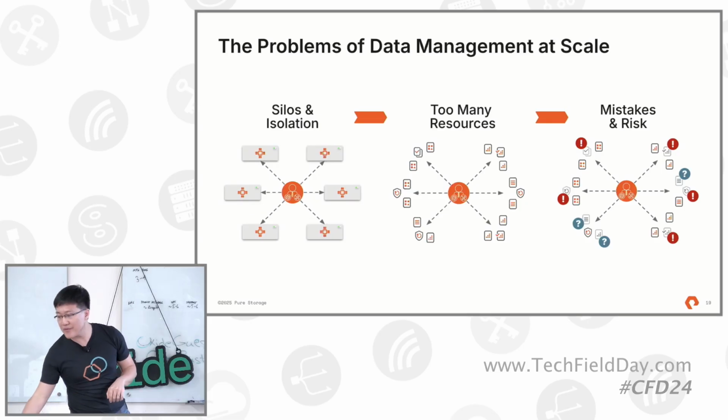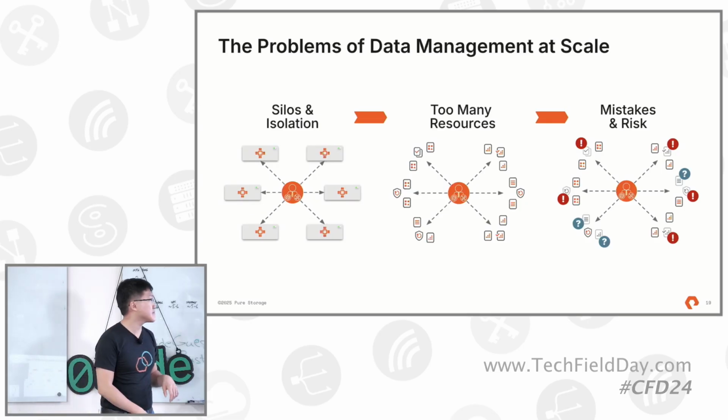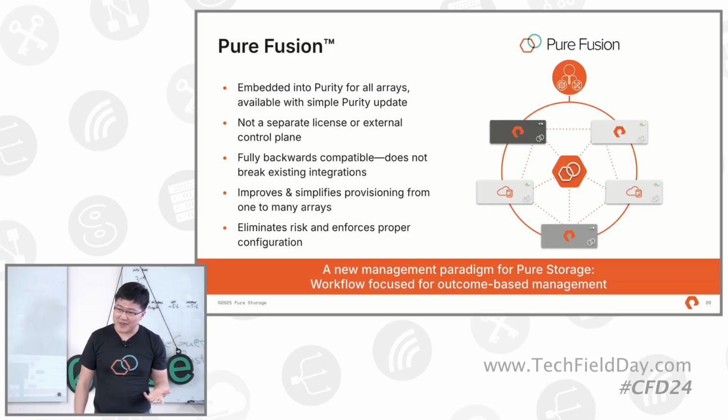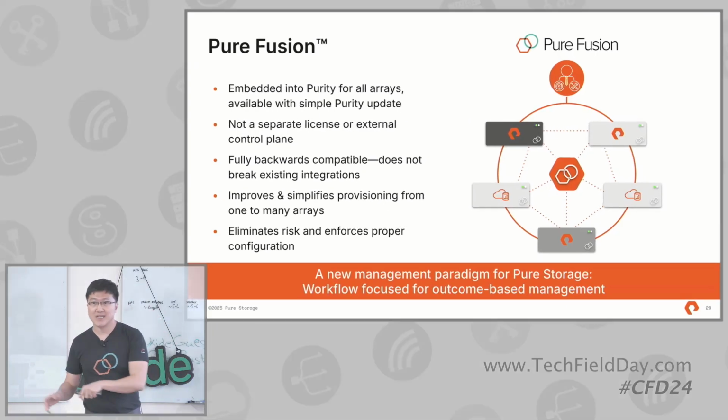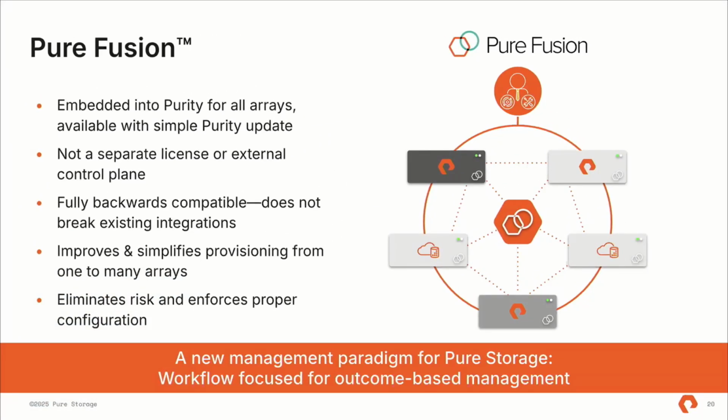And so here's where Fusion comes in. To reintroduce Fusion, Fusion is now just another Purity feature. So if you are on the right version of Purity, that's 6.9.0 and above for FlashArray and 4.5.6 and above for FlashBlade, Fusion is in that Purity version. It's ready for you to turn on and consume with just a few simple clicks, just like any other Purity feature.